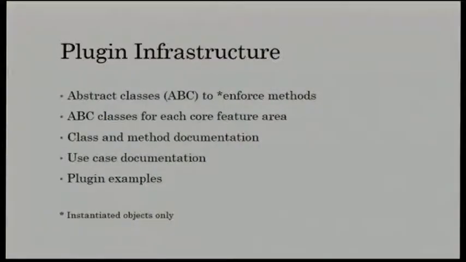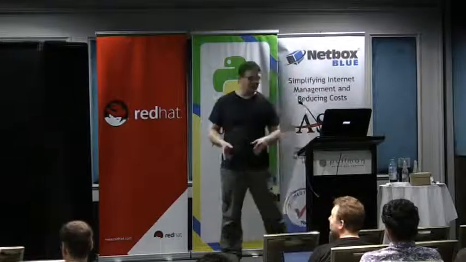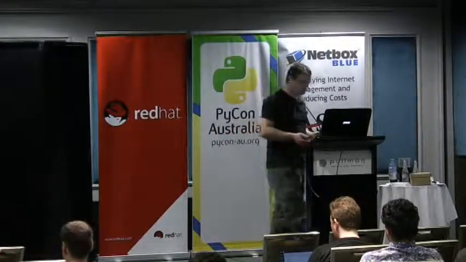So creating the plugin infrastructure to allow this segmentation can be done with the inbuilt Python tools that are available to us. With simple solutions like using abstract classes to enforce the methods of your framework, and to have an abstract class for each of the feature areas that you have segmented across.